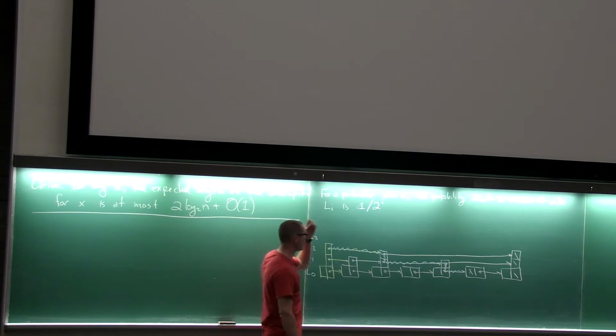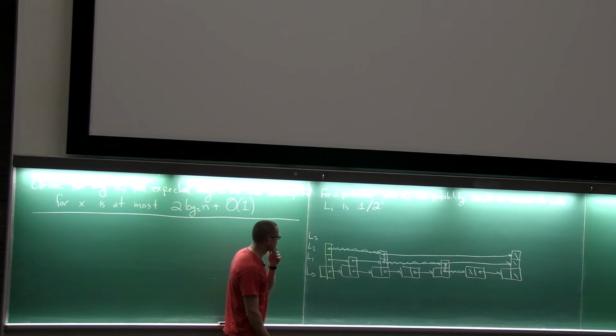So let's check that. 1 over 2 to the 0 is 1 over 1. So indeed, probability 1, X is in L0.